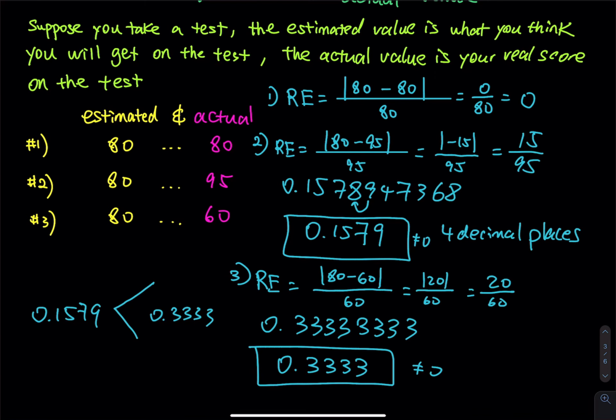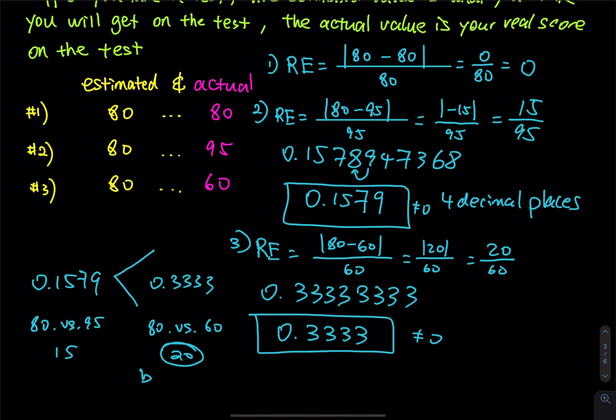So which one is more precise? This one is 80 versus 60, and this one is 80 versus 95. This one, the difference is 15, and this one, the difference is 20. So this one has a bigger difference. That's why the error is bigger.